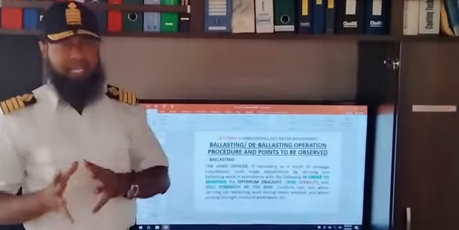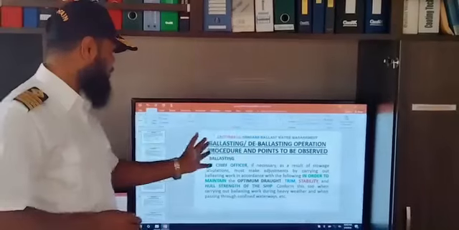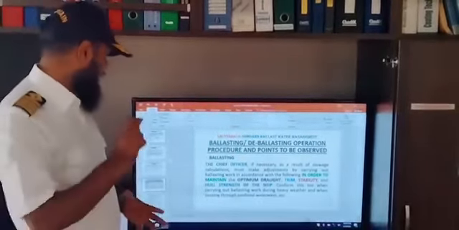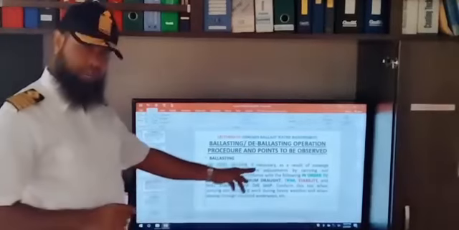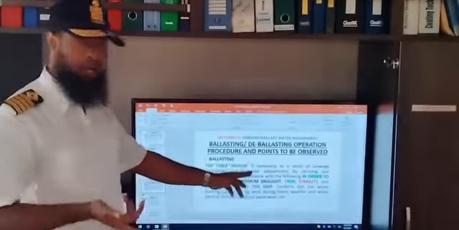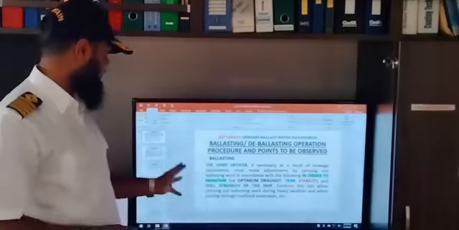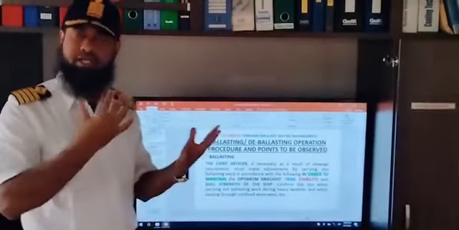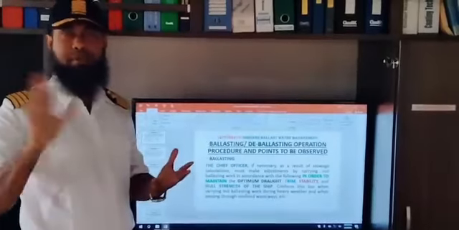Now comes the ballasting and deballasting operation procedure and points to be observed. Basically, the chief officer, in order to maintain optimum draft, trim, stability, and the hull strength of the ship, will plan accordingly: how much water will be taken inside or how much will be pumped out.